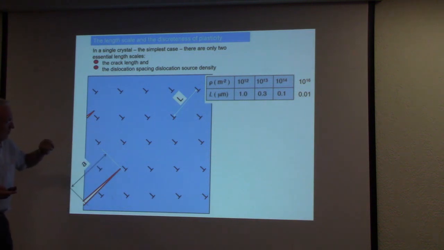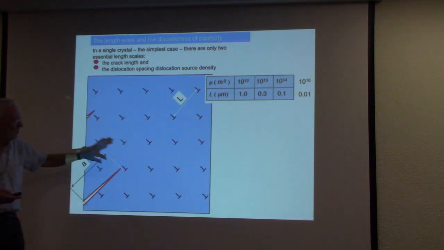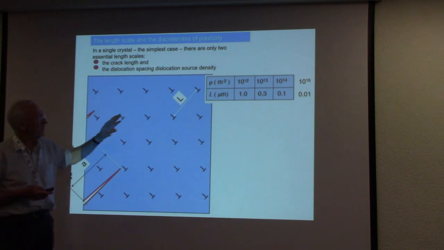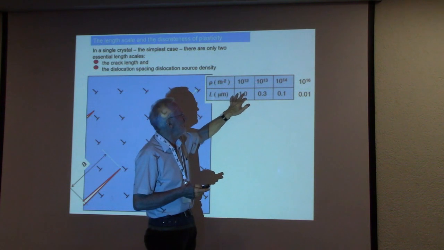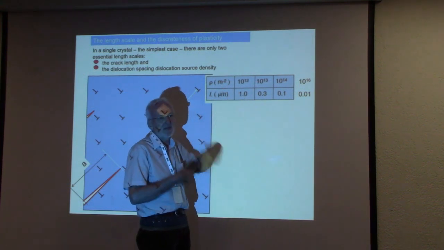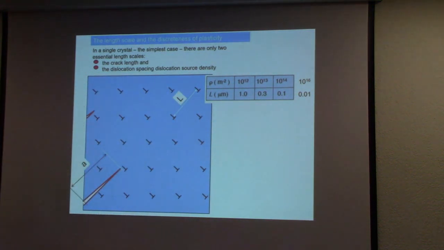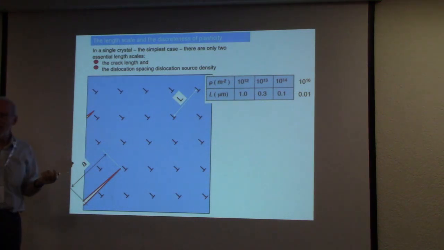And if we now want to describe plasticity, we can only describe it in regions which are significantly larger than this length. If we are smaller, then we have a perfect crystal. That is important not only for microsamples, but also for fatigue loading.